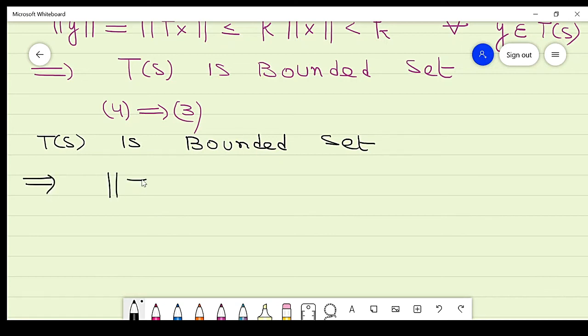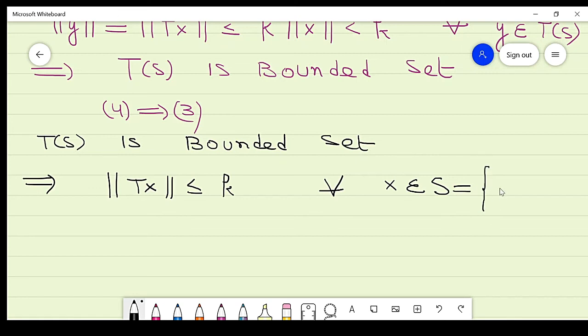norm of Tx is less than or equal to k, where there exists some positive number k, for every x belongs to S, right? So simple, there exists a positive number. We just use the definition of this. So we get this condition for every x belongs to S. And what is S?